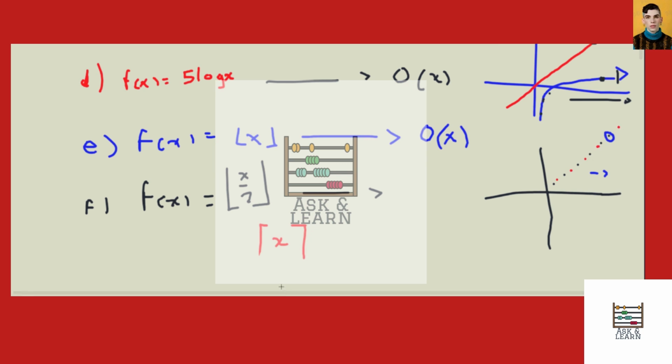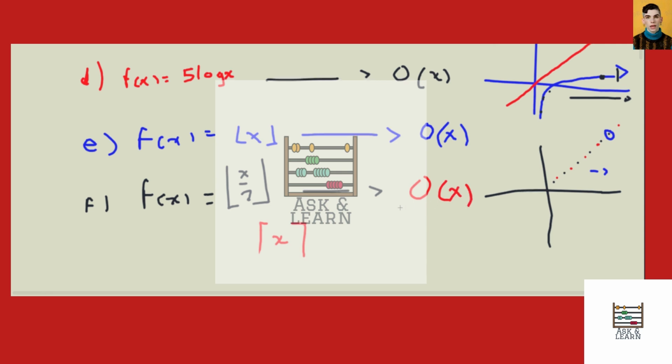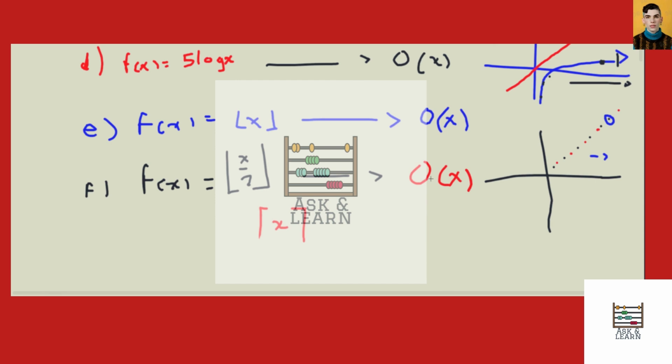And the growth rate of this function, even though it's not a continuous graph, still resembles a linear function. So the main takeaways: linear and below, they are O of x functions, and anything where you can take the derivative and see that it might be a quadratic or a polynomial or an exponential or things like that, that's when it's not O of x anymore.